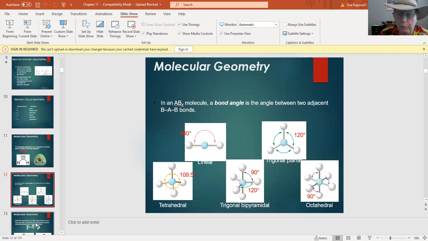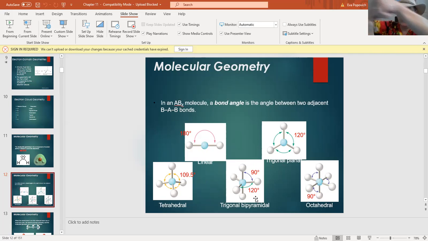Remember, when we are dealing with the electron cloud geometry, that sets the overall geometry. So if I have 2 electron clouds, that bond angle is going to be 180. 3, that bond angle is going to be 120. 4, tetrahedron, I involve that 3rd dimension, bond angle 109.5. Trigonal bipyramid, we have 3 of my atoms that are on a plane.